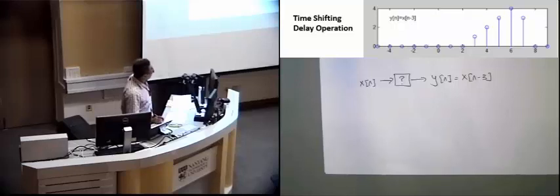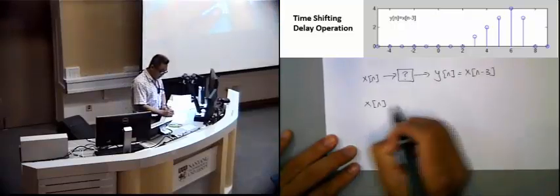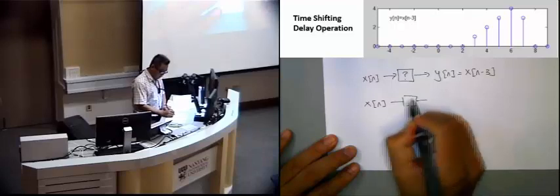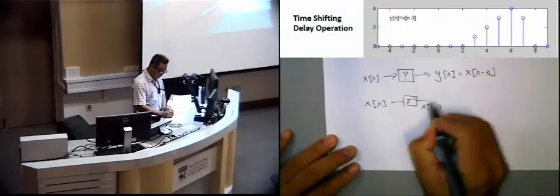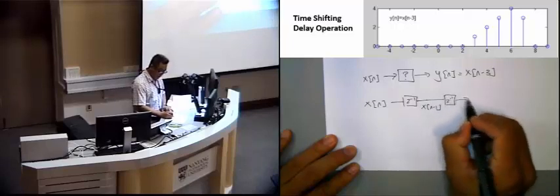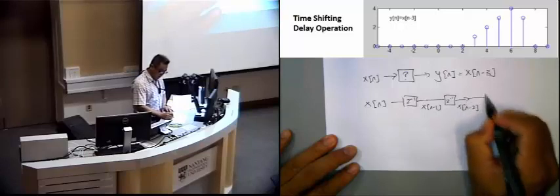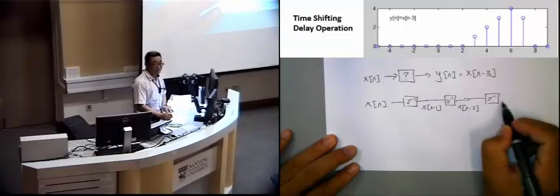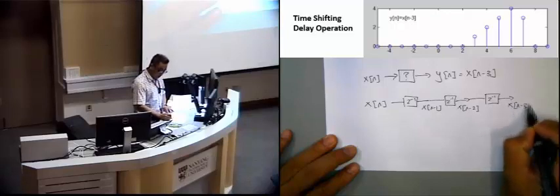Okay. Now, typically, we'll draw it this way. x of n, z minus 1. This will be x of n minus 1. We pass again through z minus 1. Here will be x of n minus 2. And we pass again a block called z minus 1. And now we have x of n minus 3.